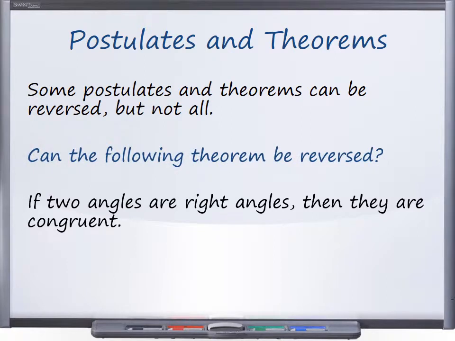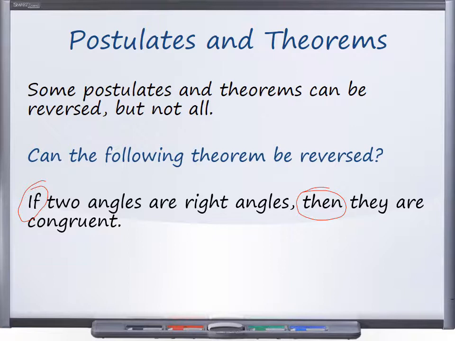Consider this following theorem. If two angles are right angles, then they are congruent. Notice that if-then structure again. Two angles are right angles being our hypothesis, then they are congruent being our conclusion. So that's true, right? If two angles are right angles, then they're congruent because we know that all right angles are congruent.